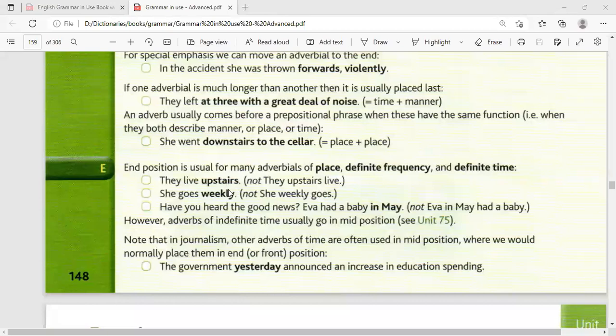Can we say they upstairs live? No, no. Why?